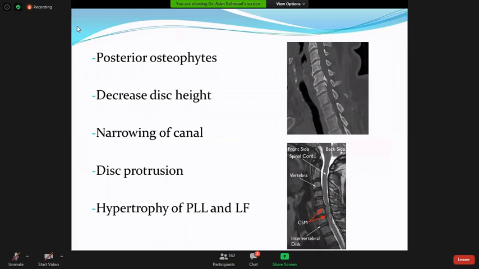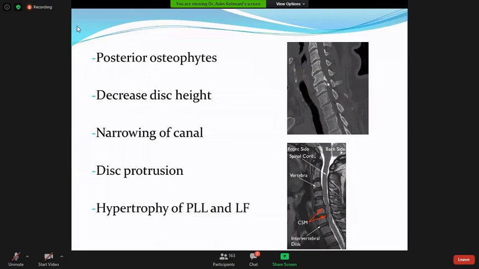The other component is osteophyte formation. This is a sagittal reconstructed CT scan of the cervical spine in which you can see a posterior osteophyte in the lower end plate of C5 and upper end plate of C6 on the posterior part, that is the part which is associated with the spinal canal.